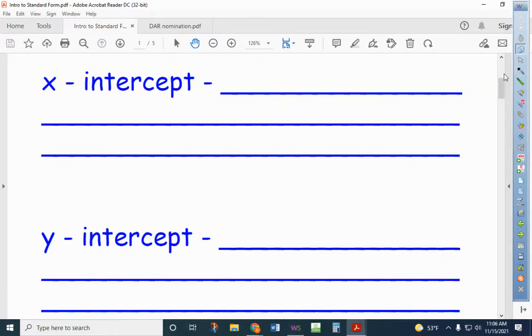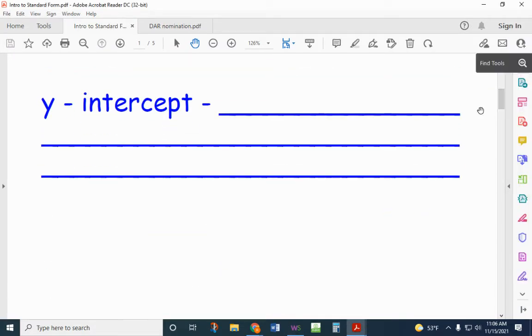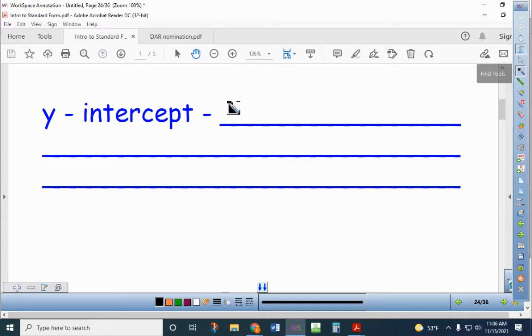All right, the y-intercept, hopefully you already know what this one is by now. It is the point where the line touches the y-axis.